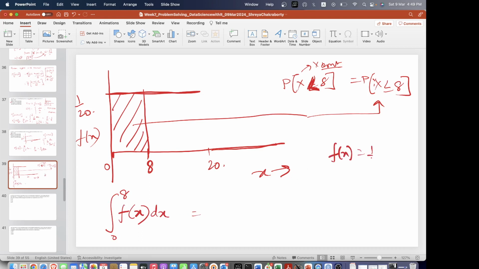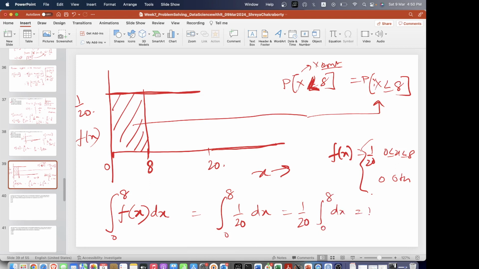Fx is 1 by 20 when 0 less than x less than 20 and 0 otherwise. So we are writing 0 to 8, 1 by 20 dx. So this would be 1 by 20, 0 to 8 dx. So this would be 1 by 20 x from 0 to 8.